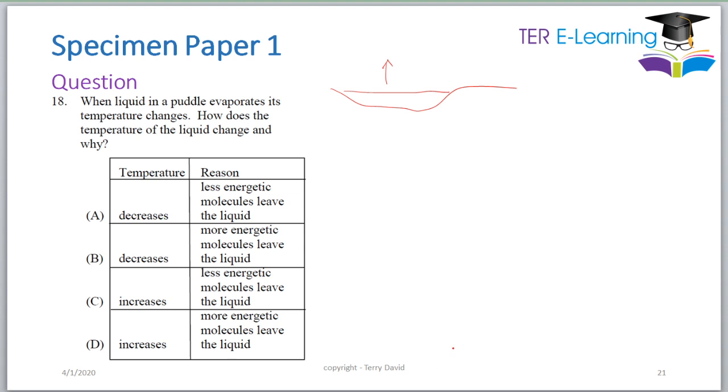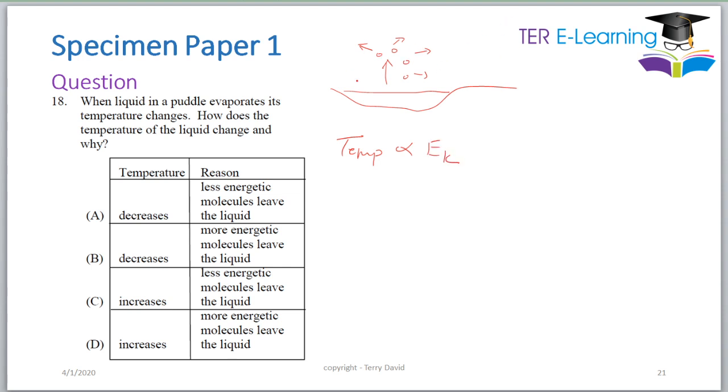Now, when a liquid evaporates, the most energetic molecules are escaping from the surface. The temperature of something depends on the kinetic energy of the particles that make it up.